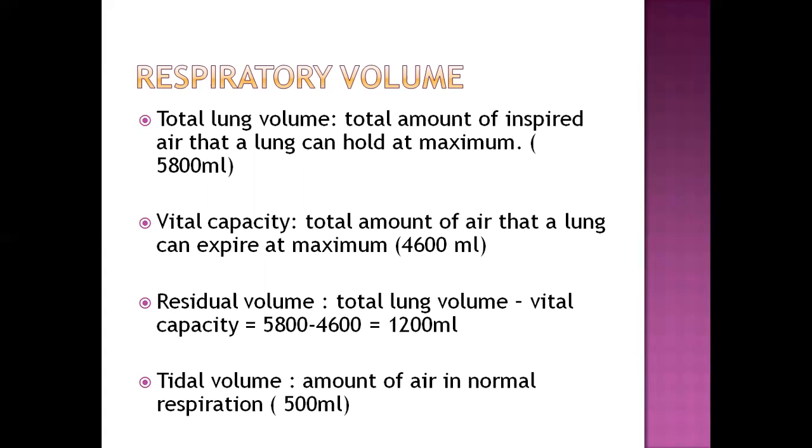Residual volume is the subtraction of vital capacity from total lung volume, that is 1,200 ml. We come to tidal volume after that. That is the amount of air normally held by the airway in a normal respiration, which is 500 ml.